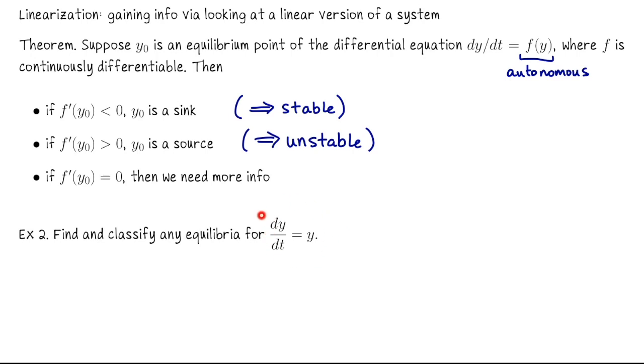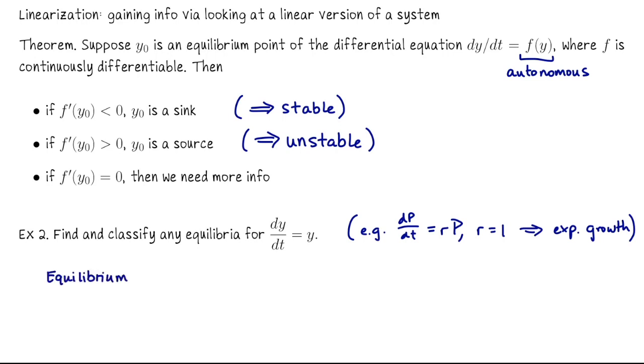Let's practice this test on this differential equation, dy/dt equals y. You might recognize that that's actually exponential growth. If it was dp/dt equals p, or even dp/dt equals rp with r equal to 1, this is exponential growth. The equilibrium solution is going to be a value of y that makes dy/dt always equal to 0.